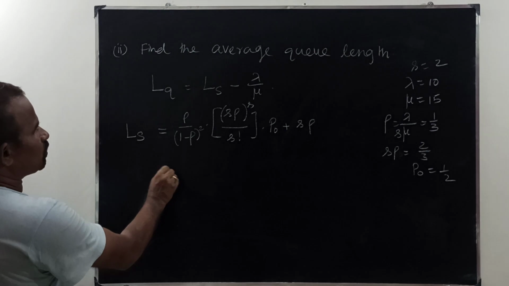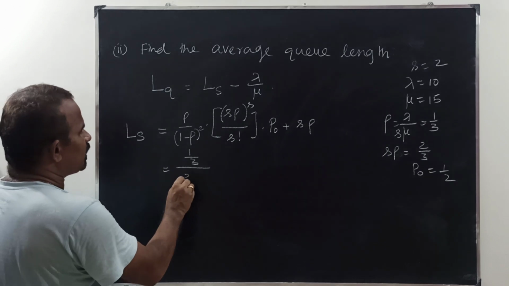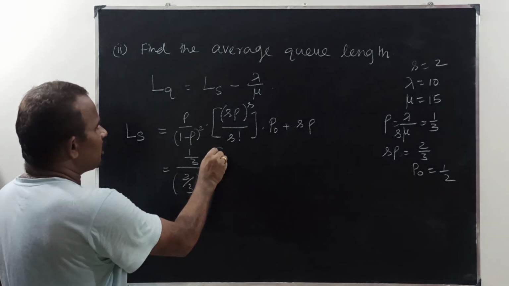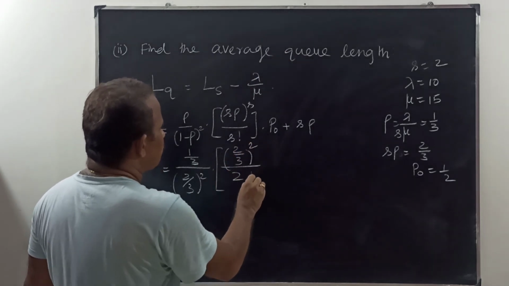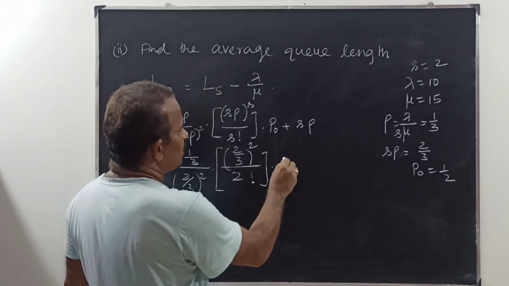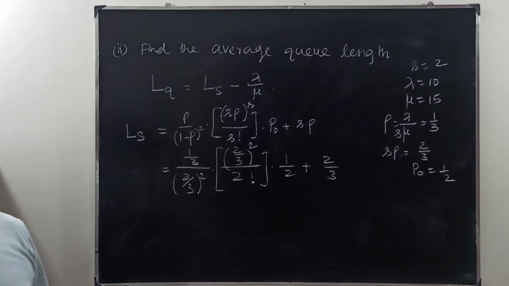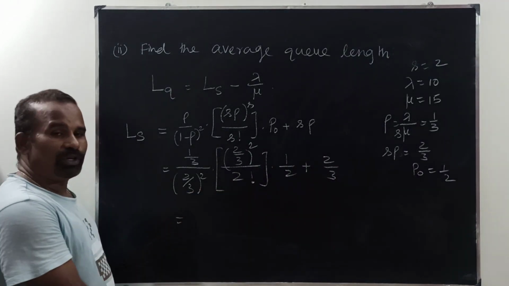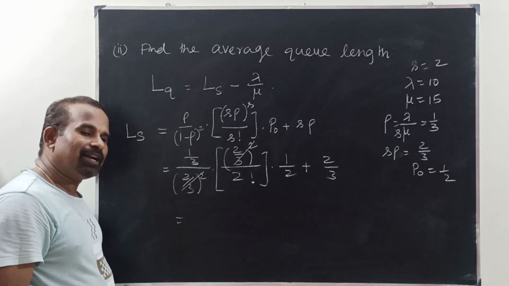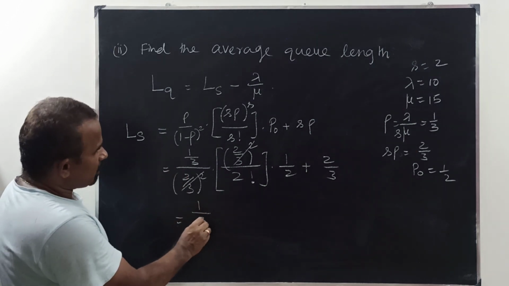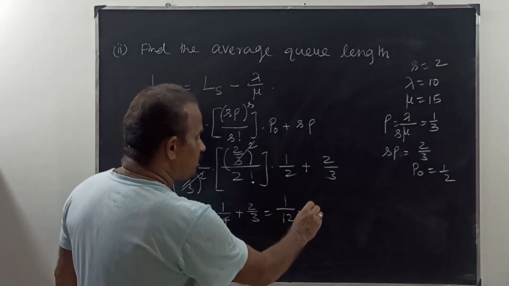So what is rho? Rho is equal to 1 by 3 divided by (1 minus 1 by 3, which is 2 by 3) whole square. S rho is 2 by 3, S is equal to 2, divided by 2 factorial into P naught, which is 1 by 2, plus S rho, again 2 by 3. So this 2 by 3 whole square will be cancelled, and 1 by 3 into 1 by 4 plus 2 by 3 is 1 by 12 plus 2 by 3.